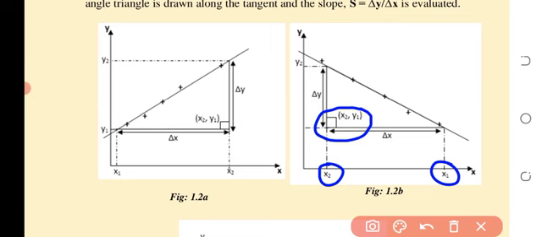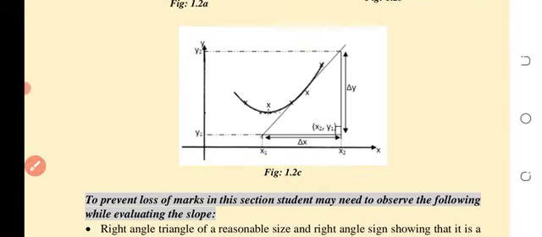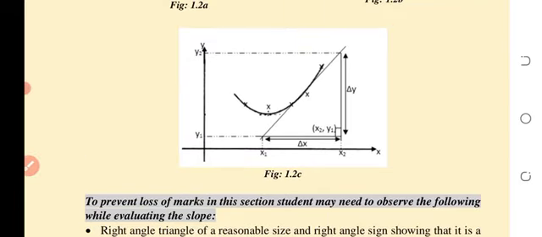Okay, before moving away from slope, if in the case of your own graph, you are asked to use a smooth curve to pick your points, and you're asked to calculate the slope as well, what you just need to do is draw a line that is tangential to the curve. As you can see here, this line is touching the curve, so that's why we call it a tangent to the curve.